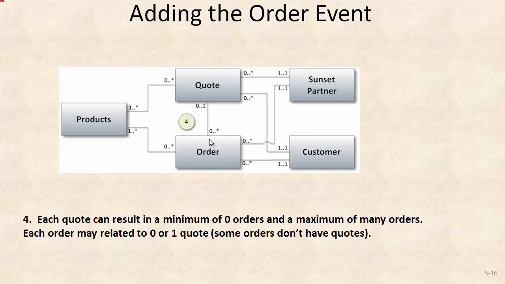Each order is related to a minimum of 0 quotes because sometimes orders are placed directly without quotes, and each order is related to a maximum of 1 quote. So if it is related to a quote, then that is a single one.